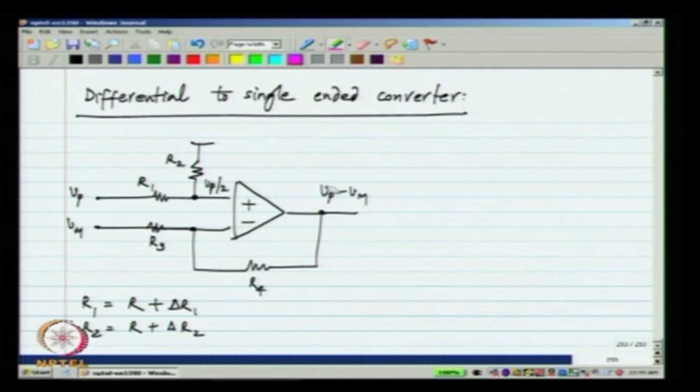So, now what will be the output of this circuit? Again, please take it as an exercise and calculate it for yourself. I am going to write down the answer here. What we get here at this point will be Vp times R2 by R1 plus R2, and from there to the output we have a gain of 1 plus R4 by R3.